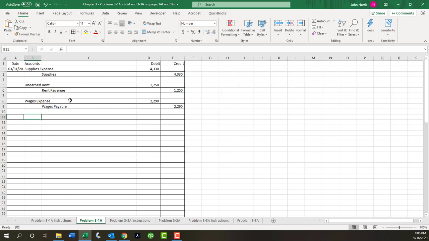Fees accrued but unbilled at March 31st are $16,825. So this is accounts receivable and fees earned. And it gives us $16,825 as the amount. And then lastly, depreciation of office equipment is $4,600.